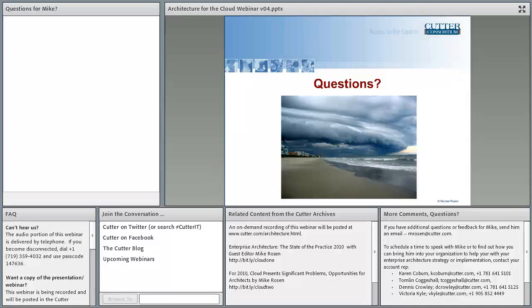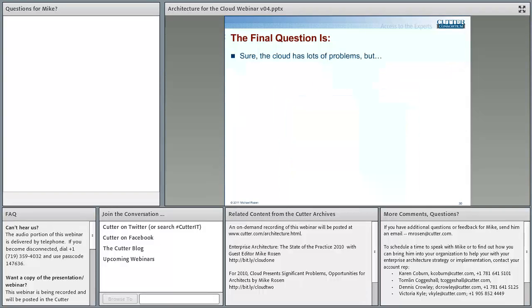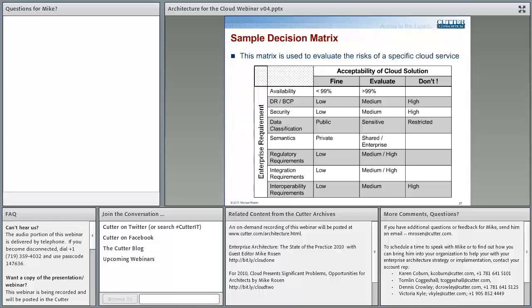Great. So the next question, are there any guidelines or principles from the business perspective? Well, I think that this matrix that I was using here, many of these are business questions, right?